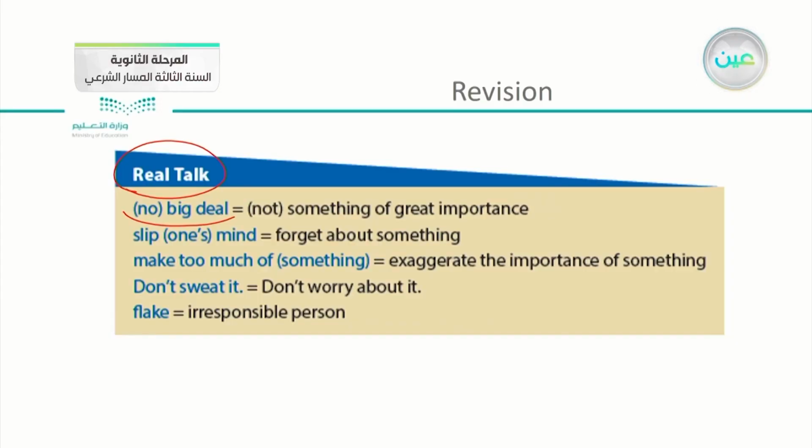After that, we have the second expression, which is slip the mind, slip one's mind, or slipped my mind. Slipping is an action when someone is walking on a floor that has water on it. People sometimes slip when they walk on that kind of floor.